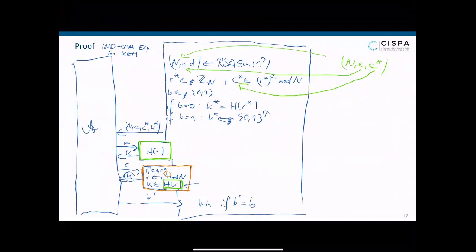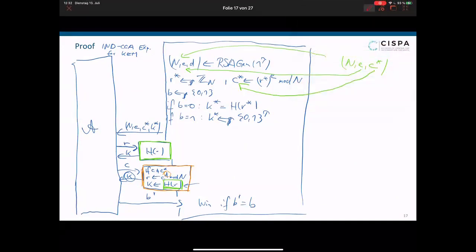And we want to sort of reduce the security of this to the RSA assumption, right? In the RSA assumption, we're being given something like this, an N, an E, and a C star. And we are looking for an R such that R to the E equals C star modulo N. That's the RSA assumption.